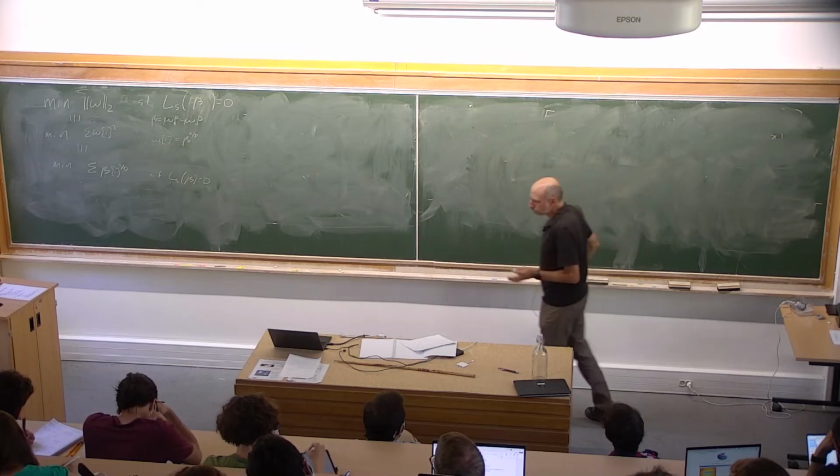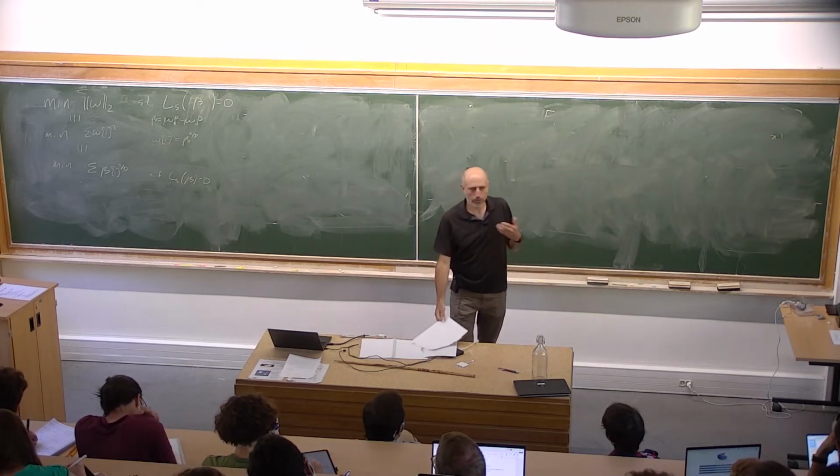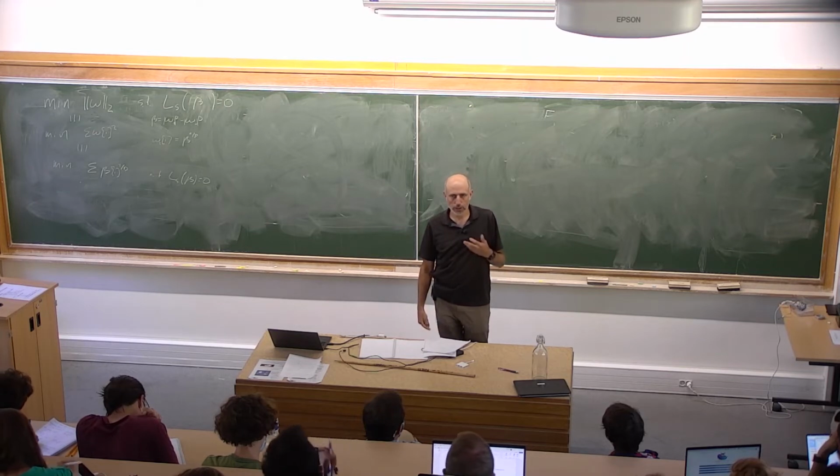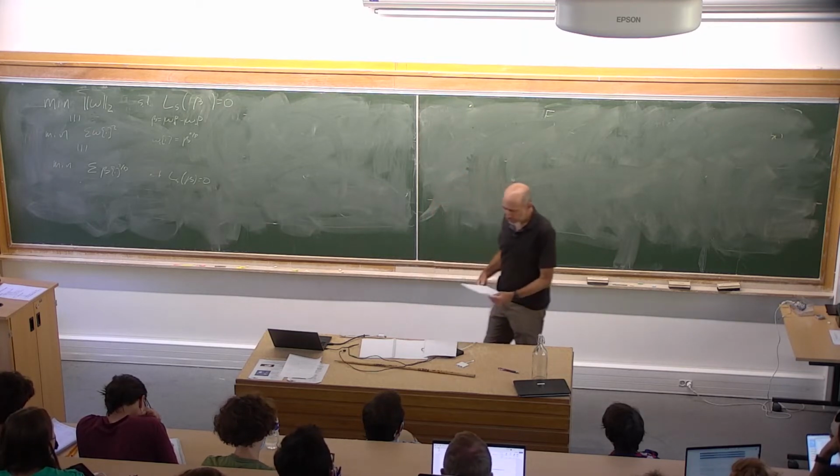So let's go back to just the linear model. That's where we started to understand the implicit bias with the squared loss, and now we see what happens for the logistic loss.